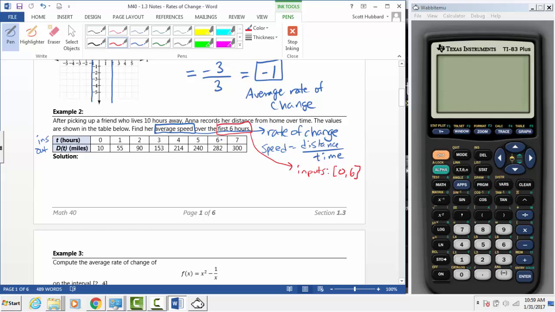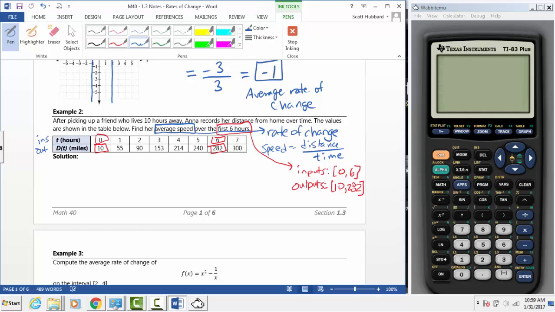And since this is just a table, we can find the outputs. The outputs are going to be from here and here, because those go along with the 0 and the 6. And so our outputs are going to be from 10 to 282.